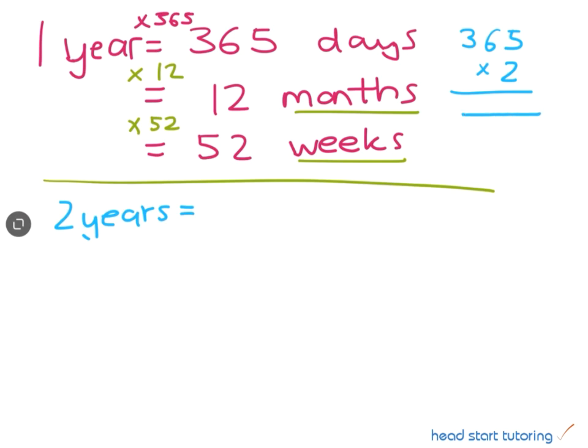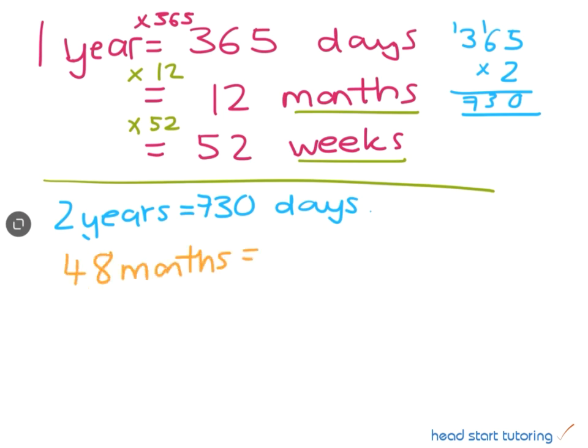And that will give us an answer of 2 by 5 is 10, 6 by 2 is 12, plus 1 is 13, and 2 by 3 is 6, plus 1 is 7. So that's 730 days.